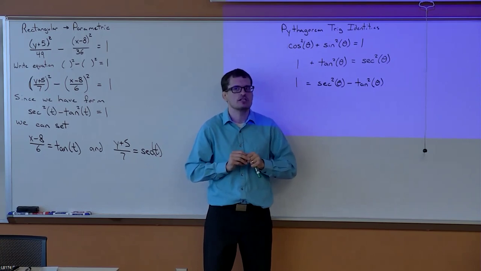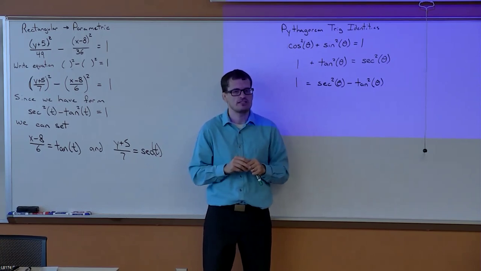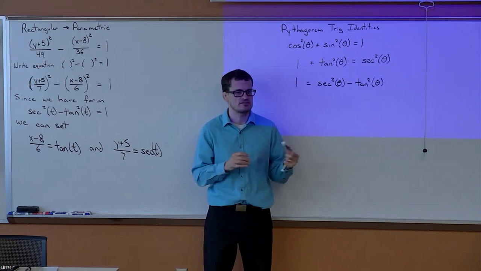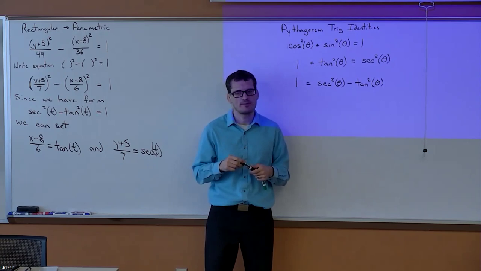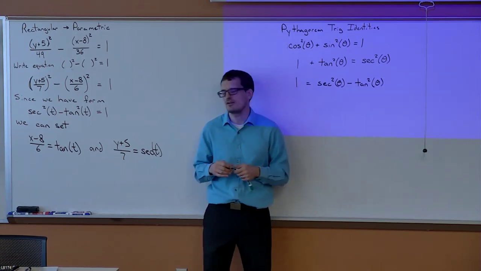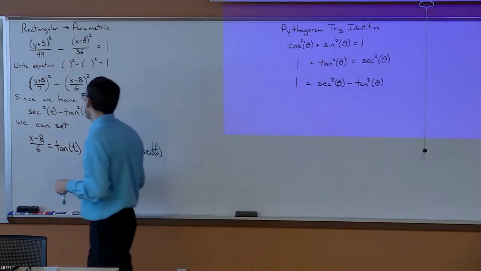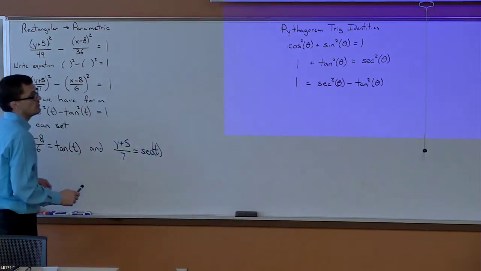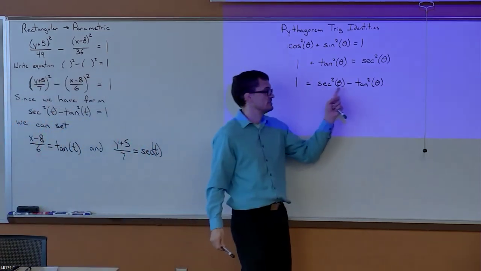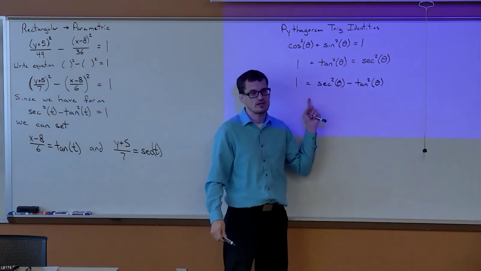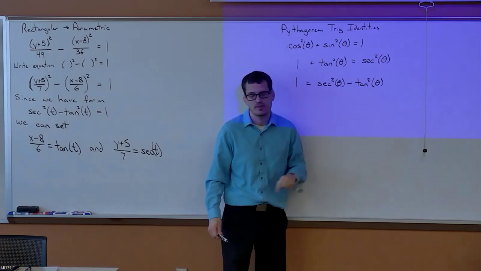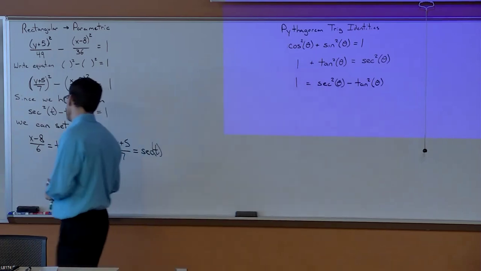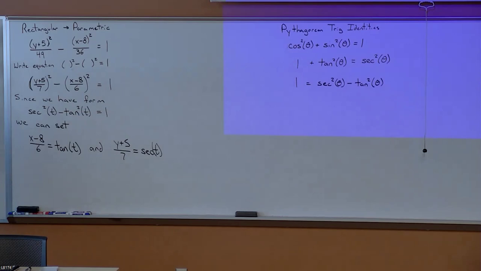However, traditionally, people associate the cosine with the x value and the sine with the y value because of the relationship with the unit circle. So that's the traditional way of doing it. And here, you cannot interchange secant and tangent. Tangent squared minus secant squared is not the same thing as secant squared minus tangent squared. So this one you have to be very careful about which is which.